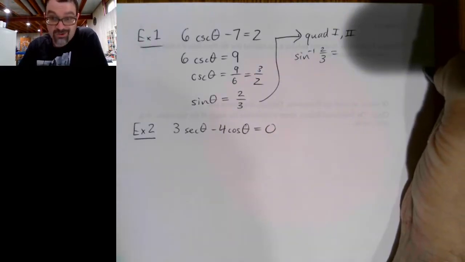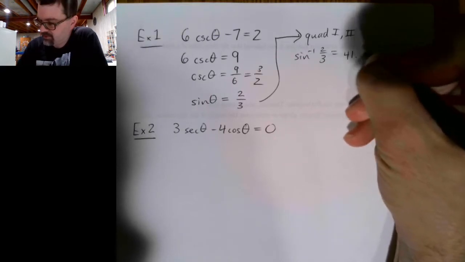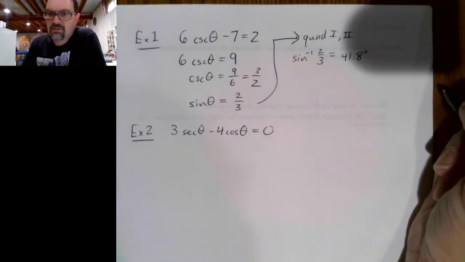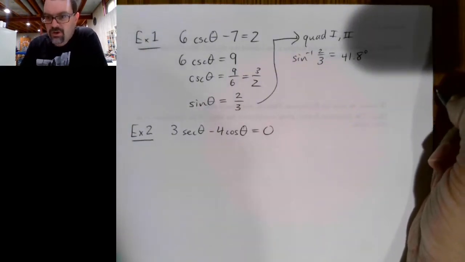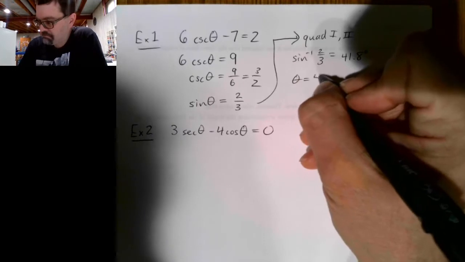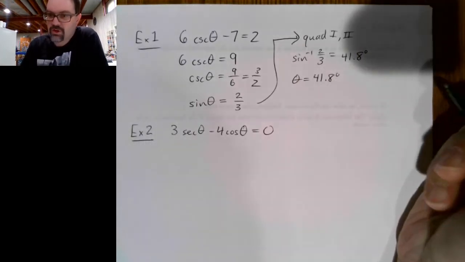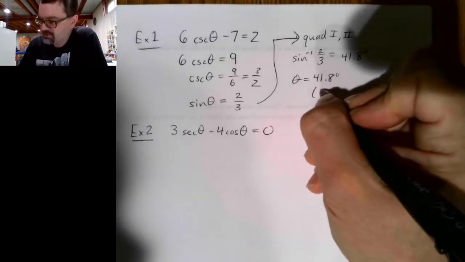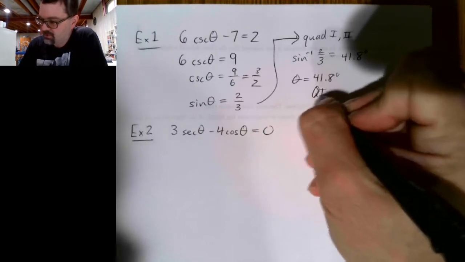We are working in degrees in this problem. And if you punch that out, you get 41.8 degrees. So then what are our solutions with that reference angle in quadrant 1 and 2? Well, theta equals, in quadrant 1, the reference angle is the angle. So there's our quadrant 1 angle.